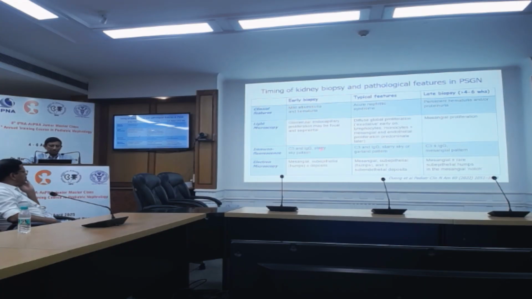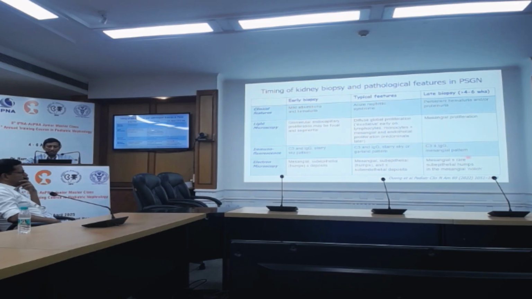Also on immunofluorescence, you see more of a starry sky pattern in the early biopsies, while the later biopsies may show both a similar pattern or a garland-like pattern. You could also see not just subepithelial, but also subendothelial deposits in patients with a typical feature. And in late biopsies, which are done generally for persistence of hematuria or proteinuria, you might find more of a mesangial proliferative pattern rather than an endocapillary proliferation.